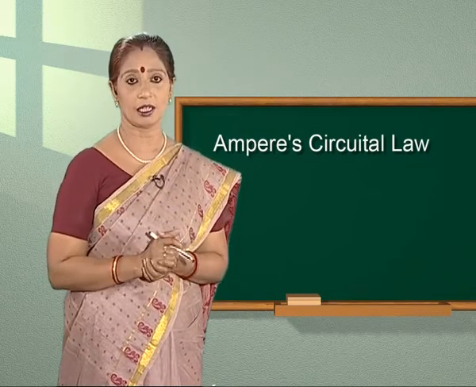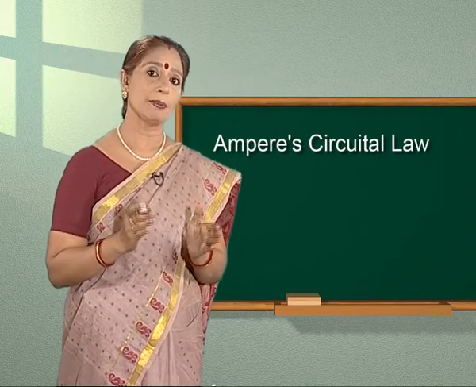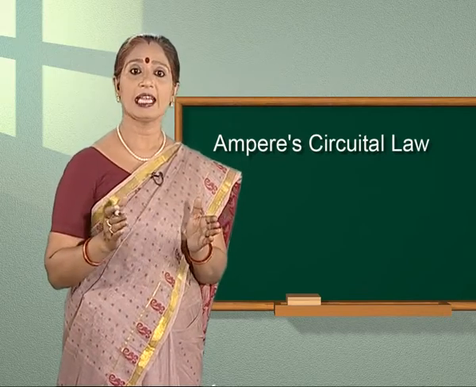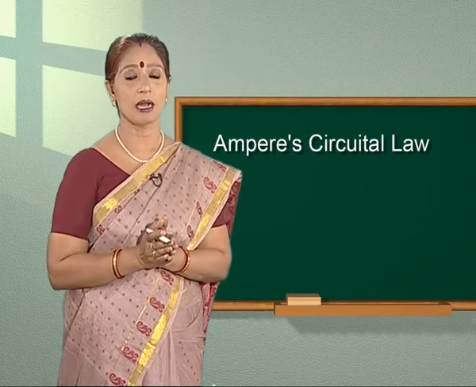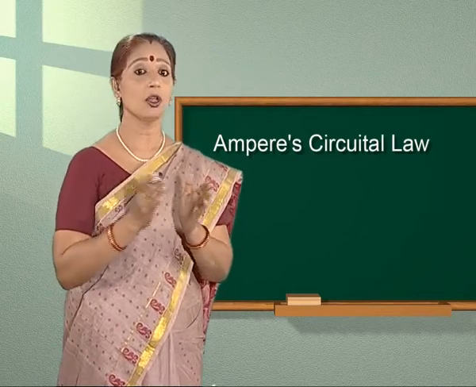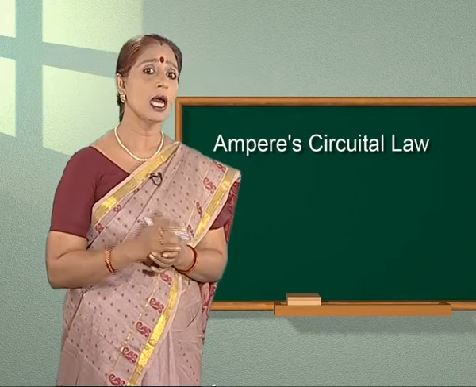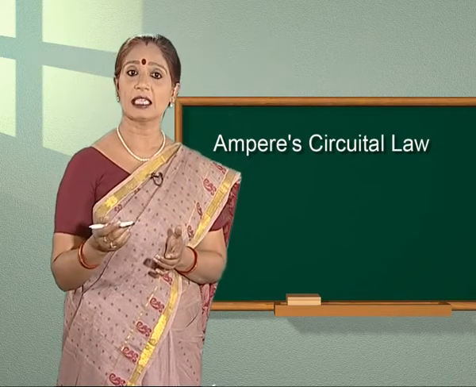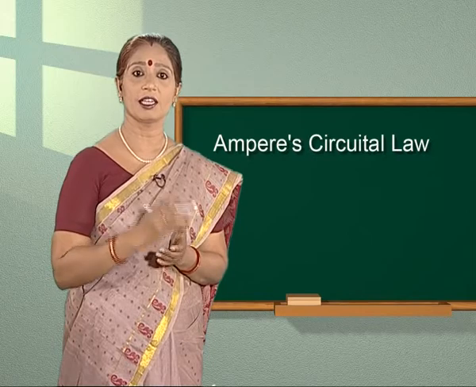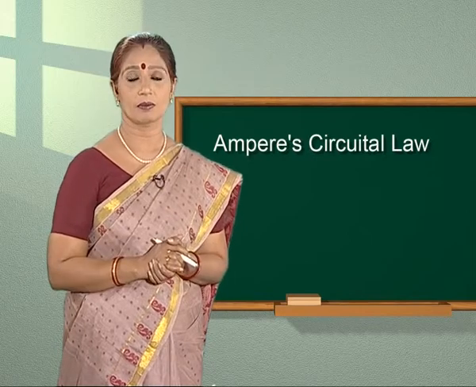Both Ampere's and Gauss law relate a physical quantity on the boundary, that is magnetic or electric field, to another physical quantity, that is the source in the interior, current or charge.